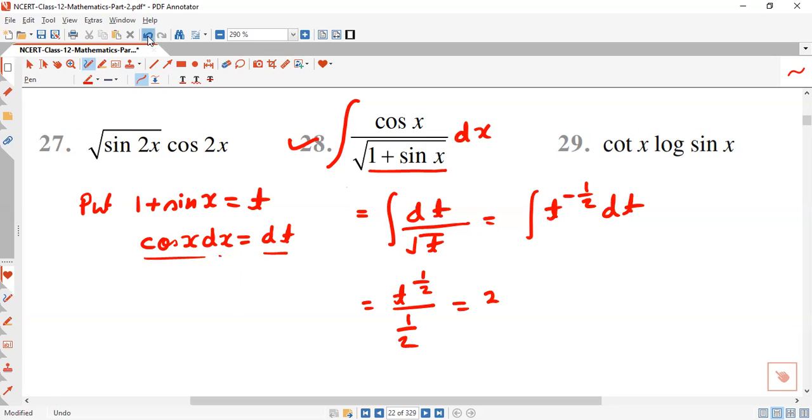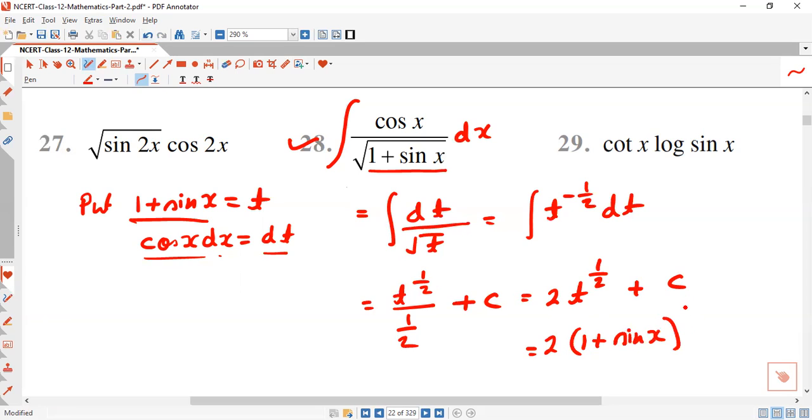I forgot to write down the constant c. Always write down here plus some constant c. So it comes out 2 times t raised to half plus some constant c. And what is the value of t? t equal to 1 plus sin x, so 2 times 1 plus sin x raised to power half plus some constant c. This will be the answer.